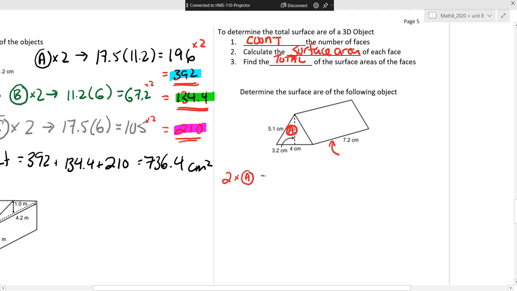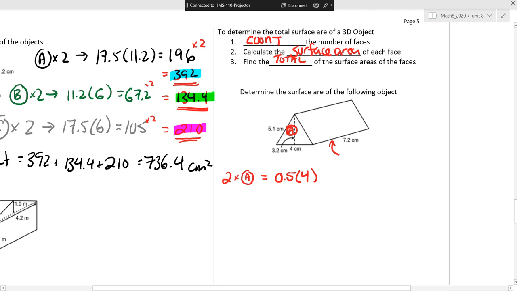So, off of the diagram, the formula is 0.5 times base times height. What is the base? 4 centimeters? Yeah. Right. Base is the distance all the way along the bottom.